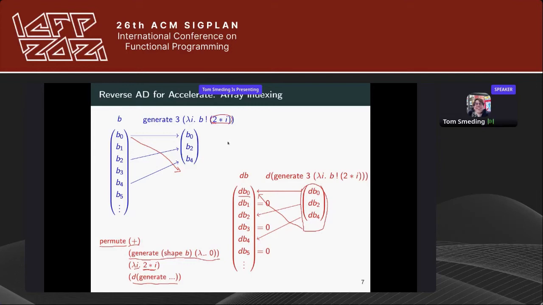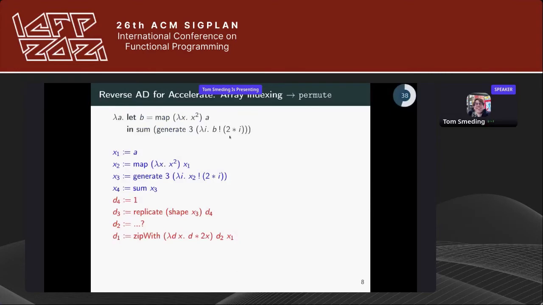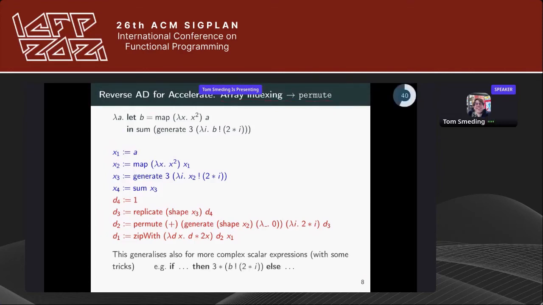So you can see how this at least somewhat generalizes. And this is fine, right? So in this derivative of the program, we can fill in the permute, and it works fine, and it gets us a derivative. So this shows how array indexing becomes a permute, or a scatter.